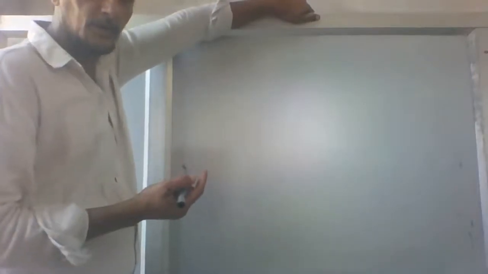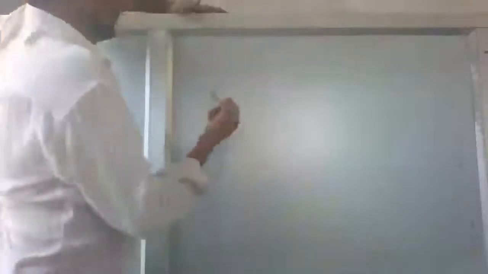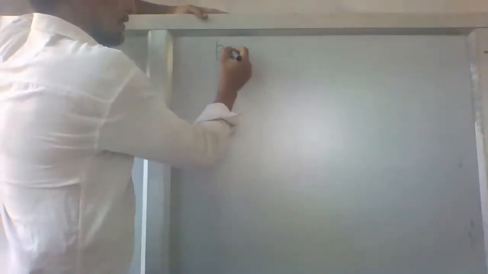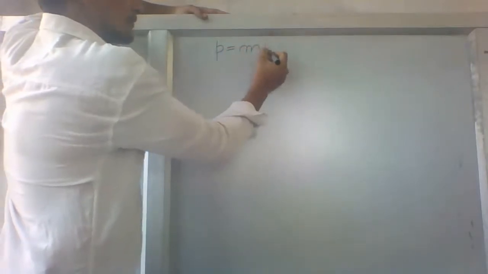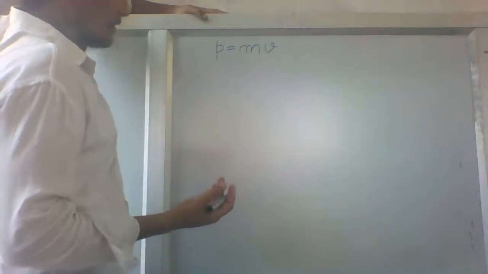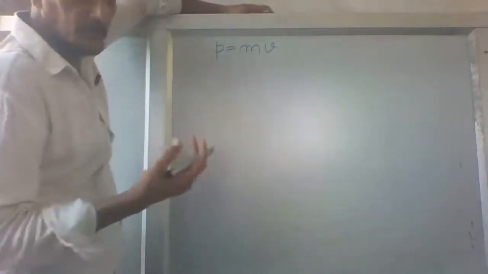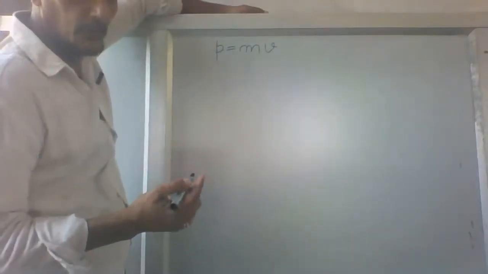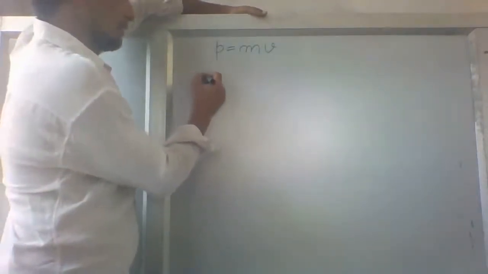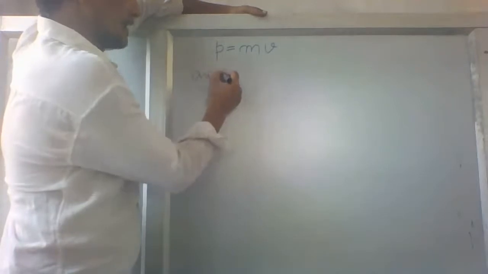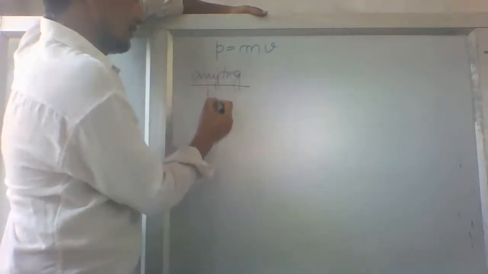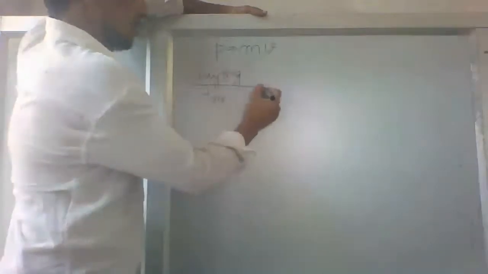Yesterday, I taught you about momentum. What was that momentum? Momentum was given as P is equal to mass into velocity. Now, in the first day lecture, I told you what the rate of anything is: anything divided by time is called rate.